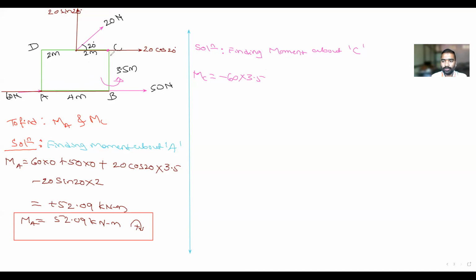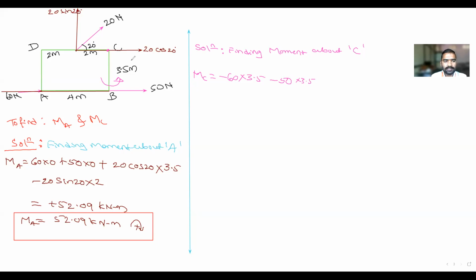That is important, about which point. Anti-clockwise about C. So it is minus 50, the force. Next, what is the perpendicular distance between C and the line of action of the force P? It is 3.5.